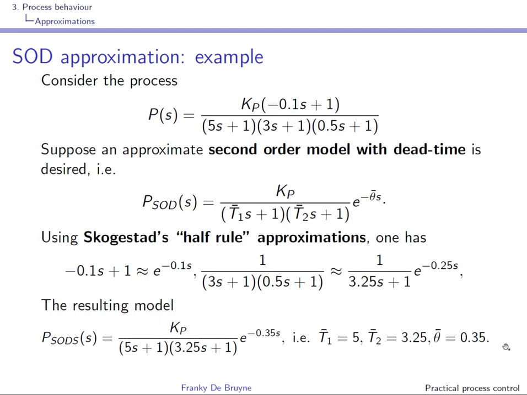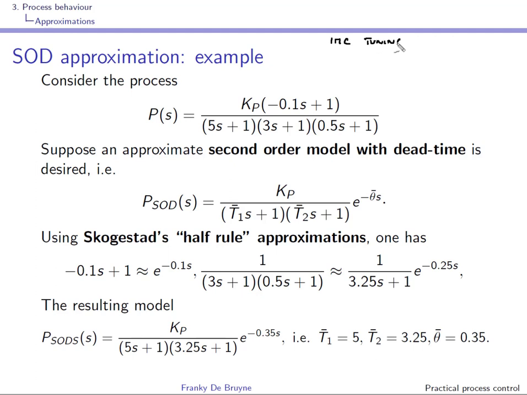It is very important to be able to approximate a process like this one by a process like this one, because in section 5 we'll talk about IMC tuning, right?